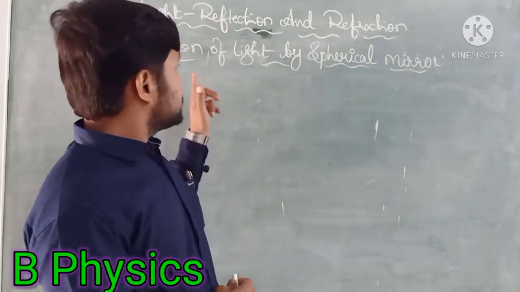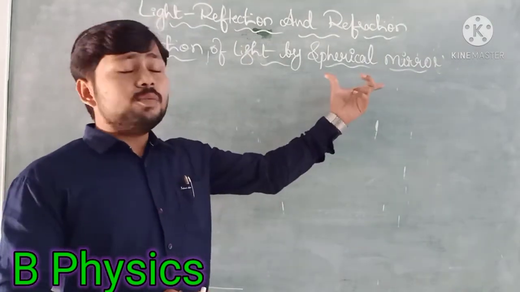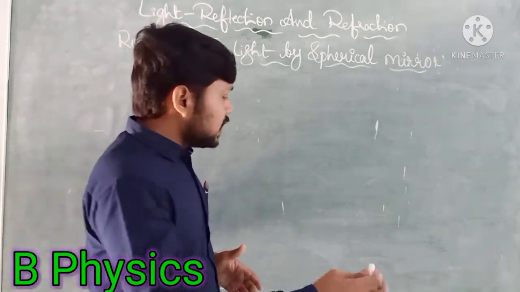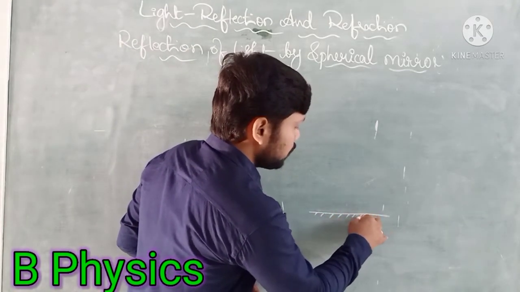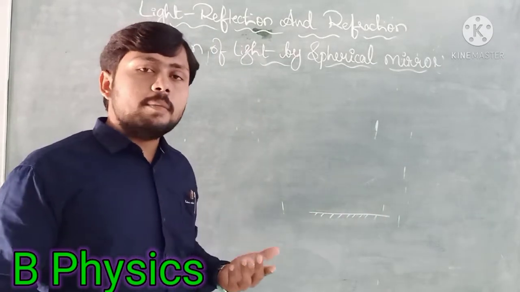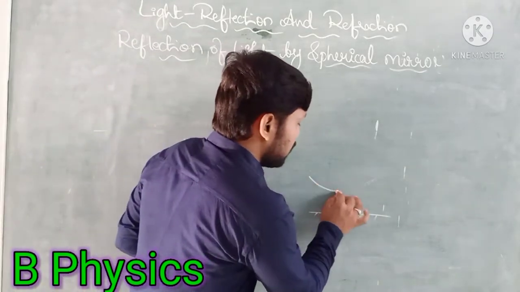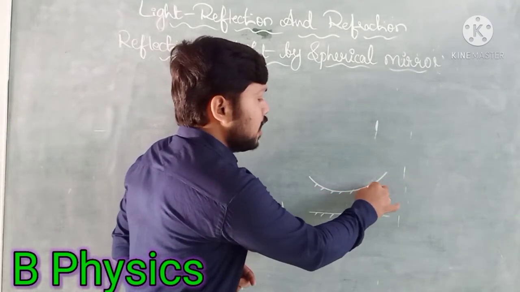So the topic is reflection of light by spherical mirror. What is meant by spherical mirror? You know that a mirror with a flat surface is called plane mirror. Similarly, a mirror with a curved surface is called spherical mirror.